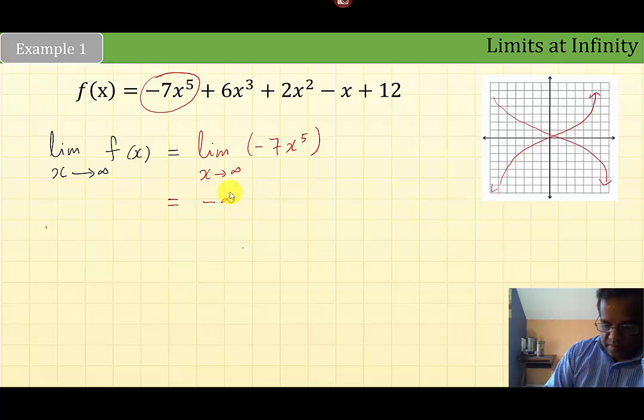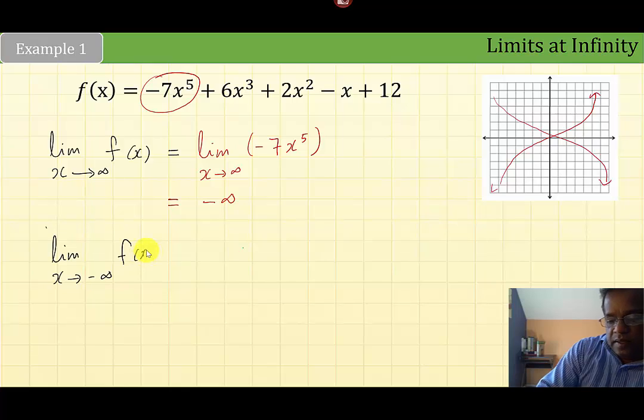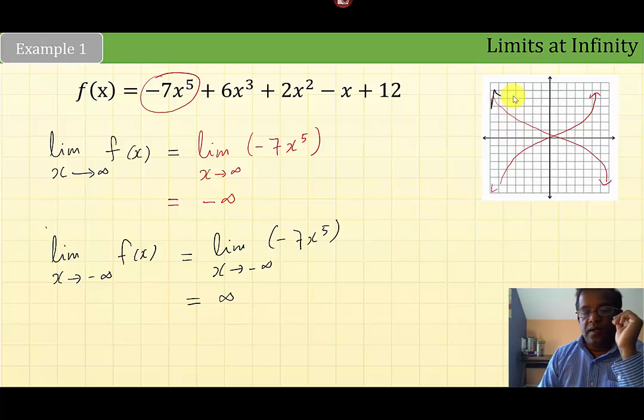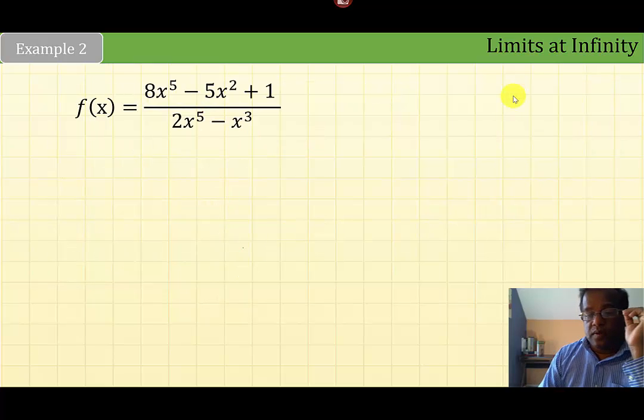And clearly, as x approaches negative infinity, f of x is the same as the limit as x approaches negative infinity of negative 7x to the fifth, which clearly approaches positive infinity. So right here.